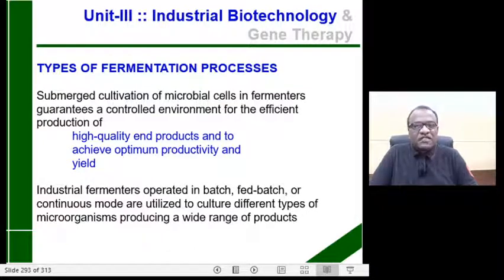If you consider the submerged cultivation of microbial cells in fermenters, it guarantees a controlled environment for the efficient production of high quality end products and also to achieve optimum productivity and yield. Now the industrial fermenters can be in batch mode, fed batch mode or continuous mode, and they utilize a variety of microorganisms which are capable enough to produce a wide range of products.